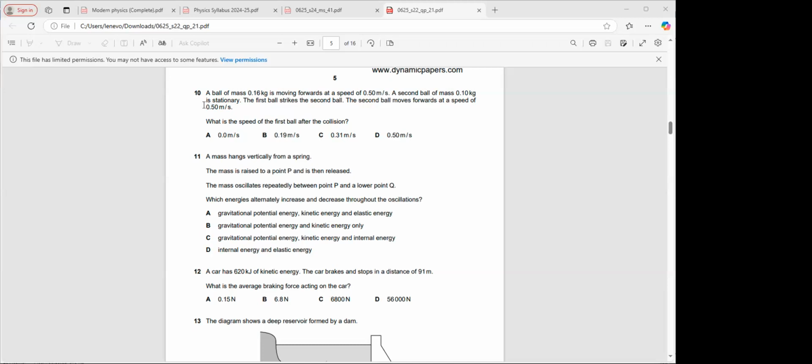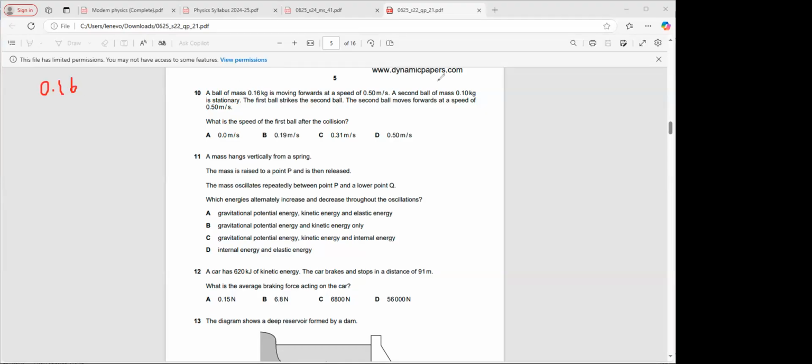Ahnaf, done? I'm still doing it. See, here the mass is 0.16 kg.